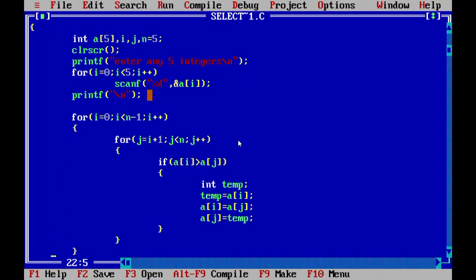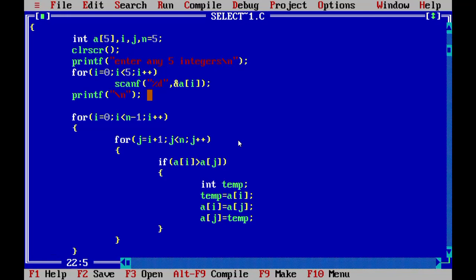So i is now fixed at 0, but the j value will change continuously. i remains 0, but j will become j plus 1. J plus plus will run, so j will become 2. Then a of 0 is compared with a of 2, a of 0 with a of 3, a of 0 with a of 4, a of 0 with a of 5.